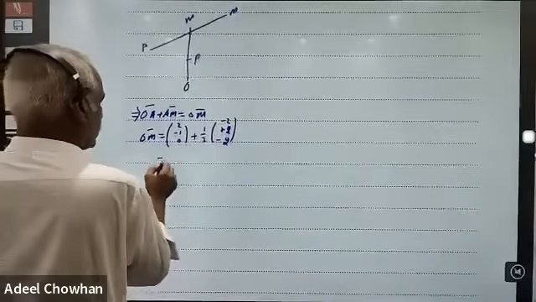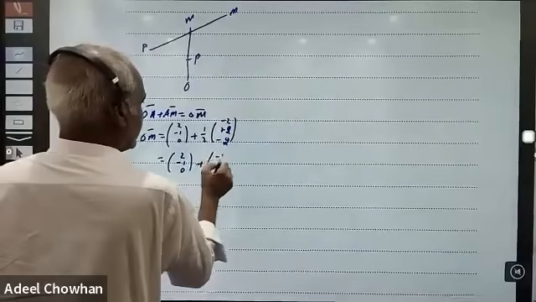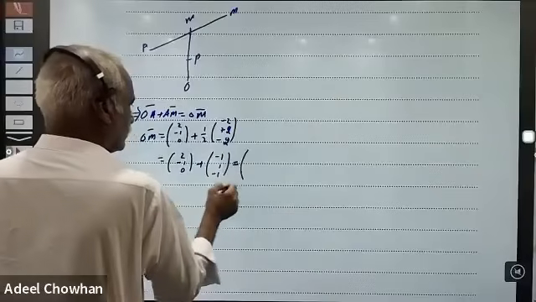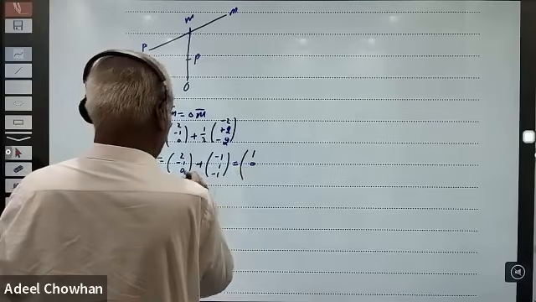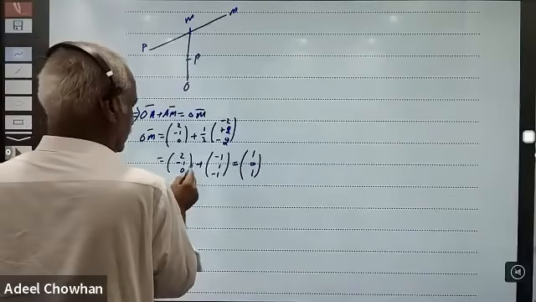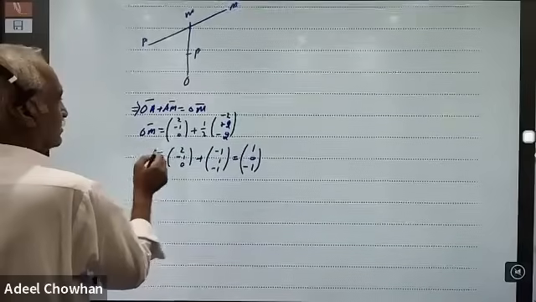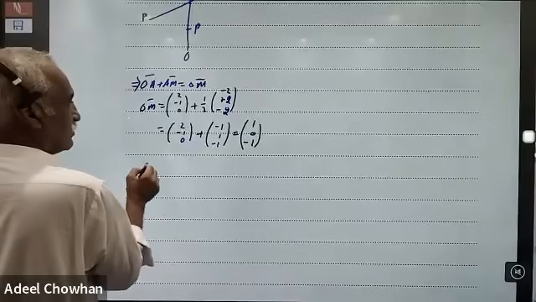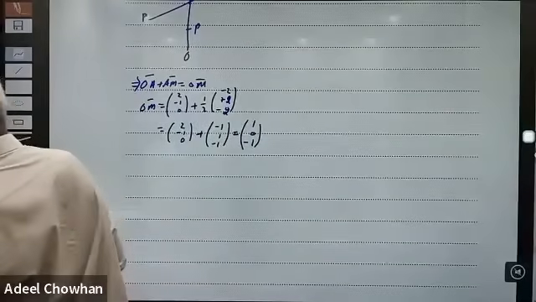So it should be equal to (2, -1, 0) plus (-1, 1, 0). And that thing is equal to (1, 0, 0) plus... OA plus AM is equal to OM, which is basically (1, 0, -1).